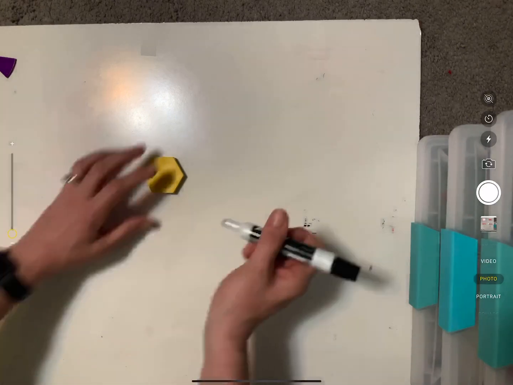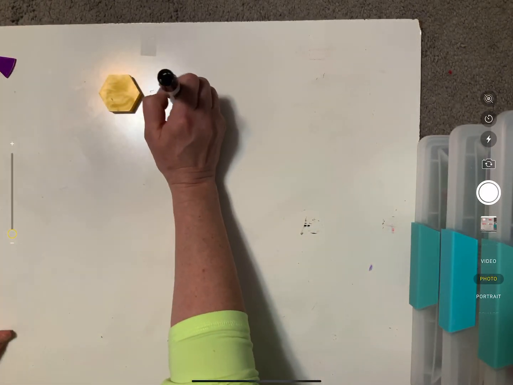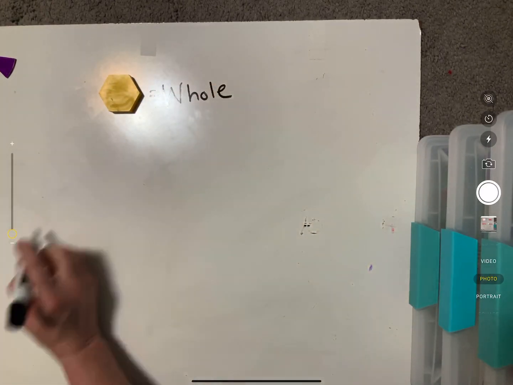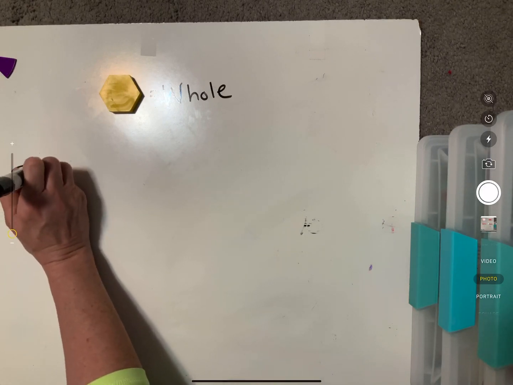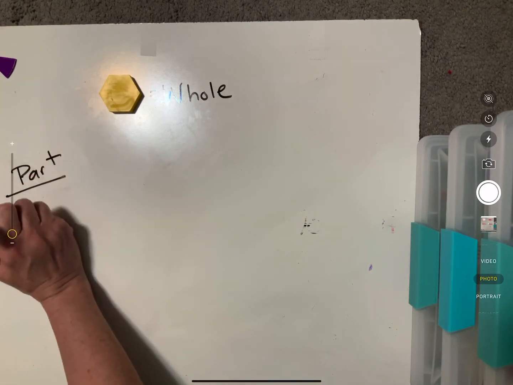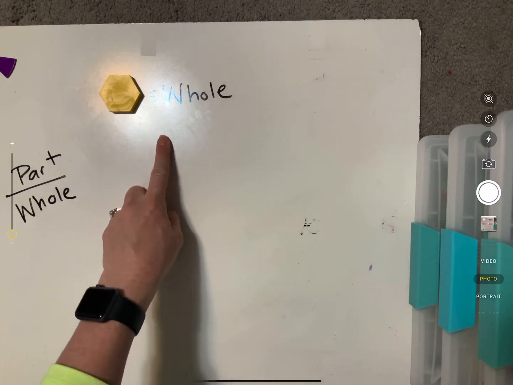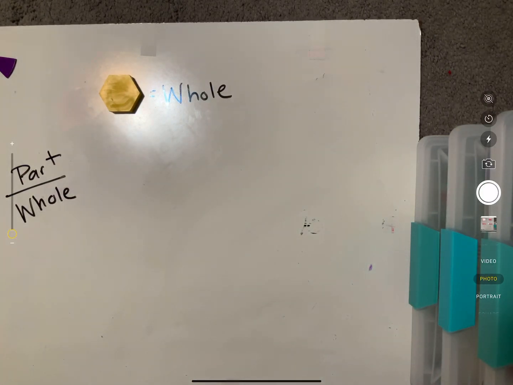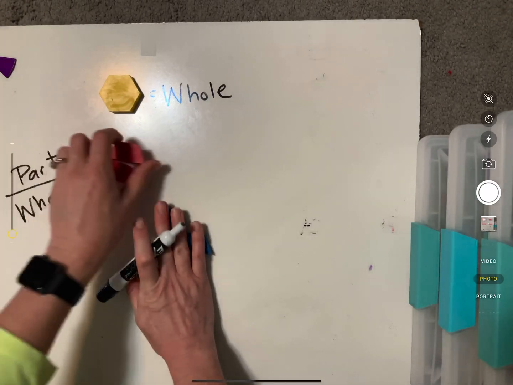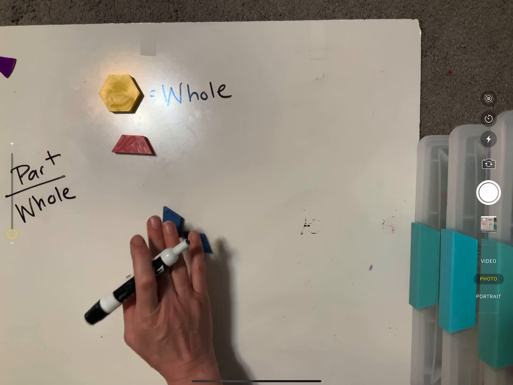Let's talk about hexagons. So this is going to be our whole this time. And remember, we're still going to have part over whole. So if I have my whole as a hexagon, let's talk about our other size pieces. We're actually not going to use our halves this time.